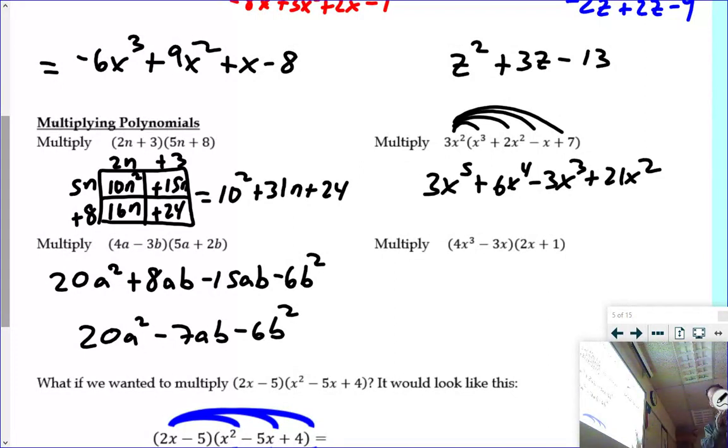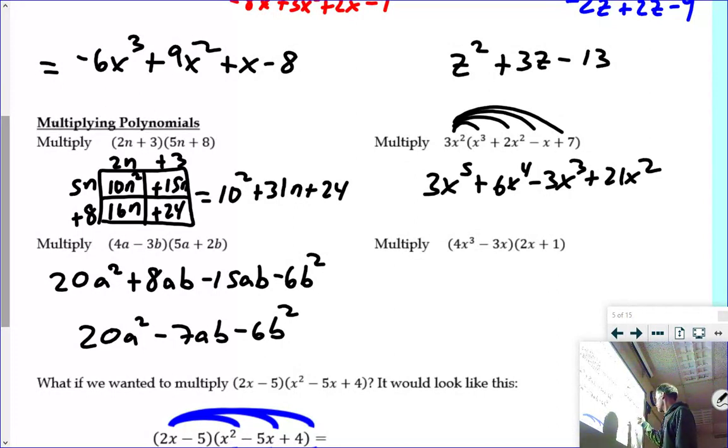And then the last one, again, if you want to pause the video, I'll just run through the answer here in about 5 seconds. So on this one, again, box method, FOIL, whatever you want to do, there's no like terms at the end.